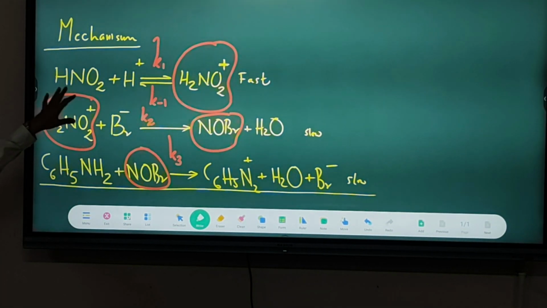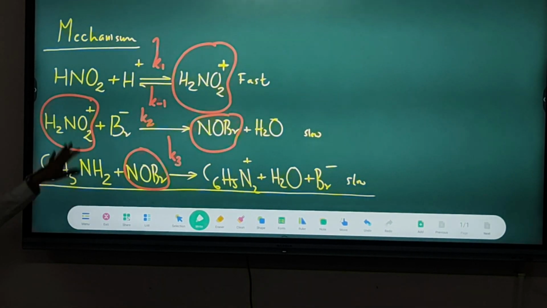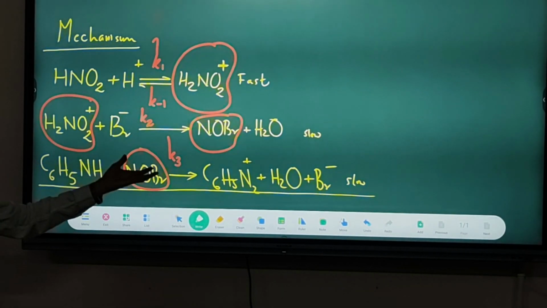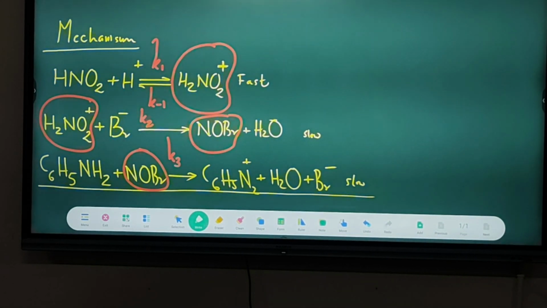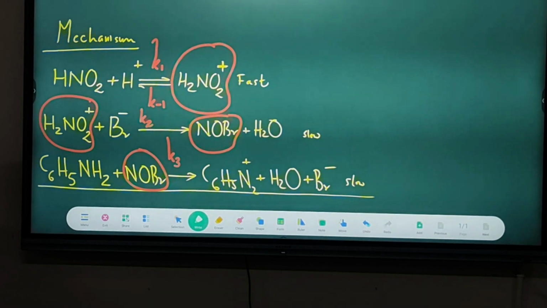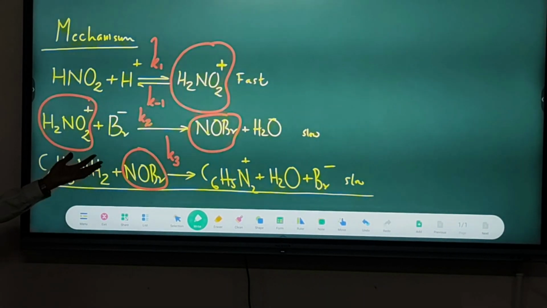So the only things are HNO2, H and aniline in the presence of bromide ion, and that product will be formed. So now how is steady state approximation applied for that reaction?